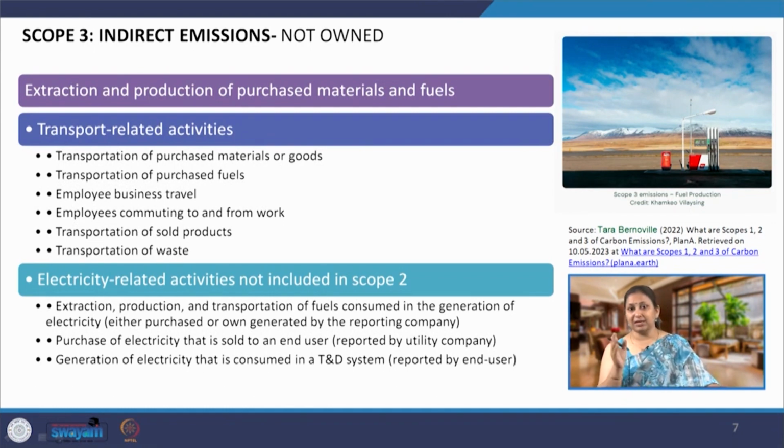So, while the emissions are not happening on my site, they are happening indirectly at somebody else's site, but my choice of selection of materials will determine what the scope 3 indirect emissions at not owned resources will be.